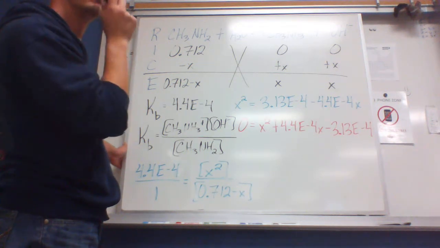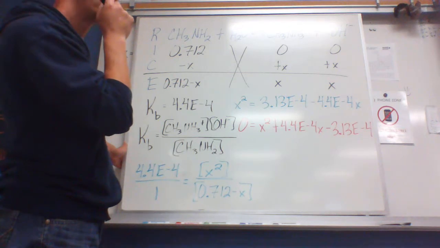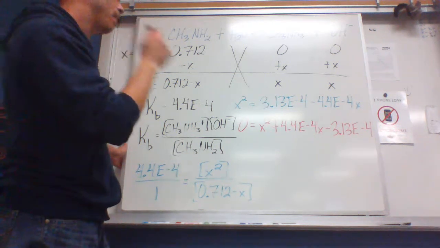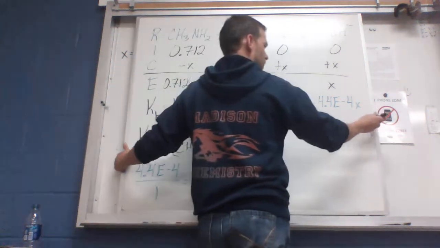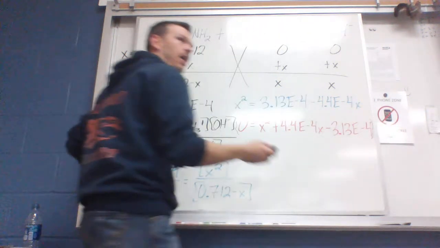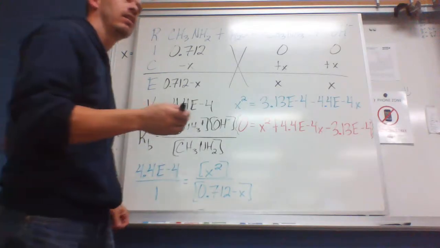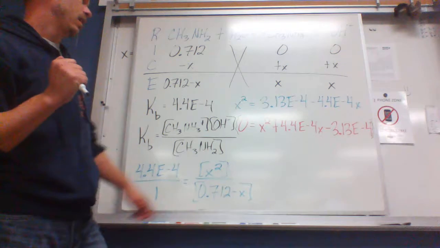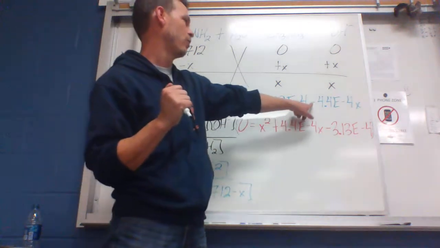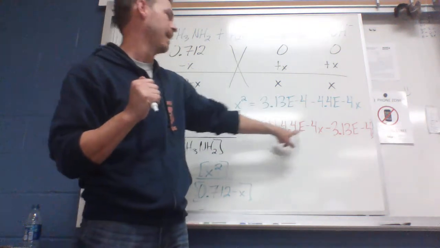This one right here in red is what should be finding x. Why are they different? Because the 3.13 is positive on the top one. I've got signs reversed here. This is adding to the x expression.